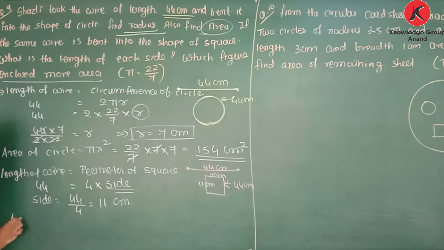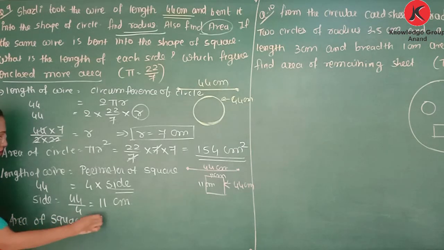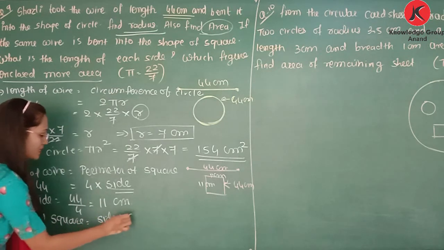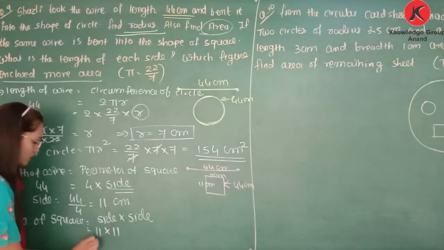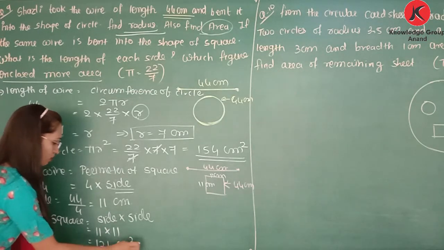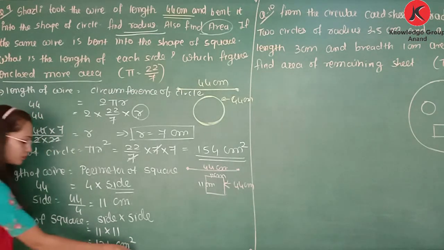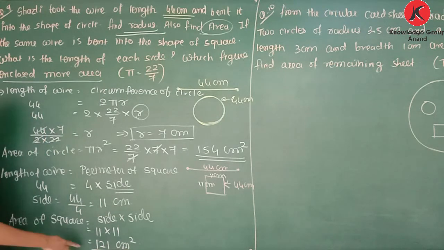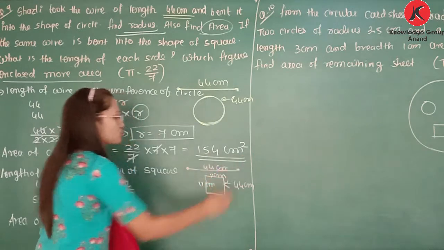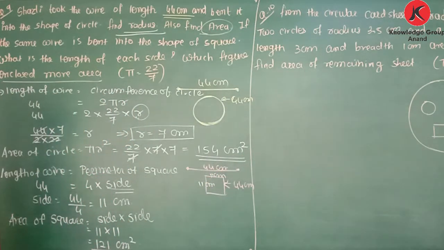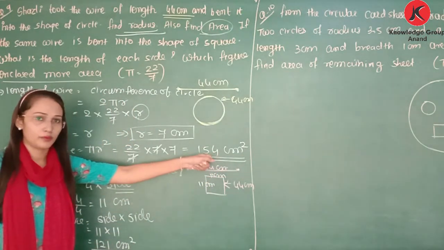So area of square, what is the equation? It is side multiply side. So 11 multiply 11, that is 121 centimeters square. Now here square encloses 121 centimeters square and circle encloses 154 centimeters square.